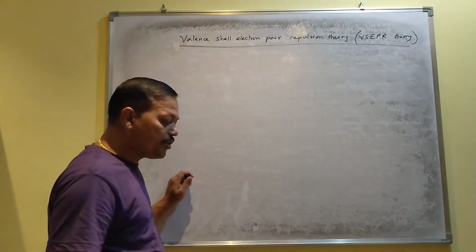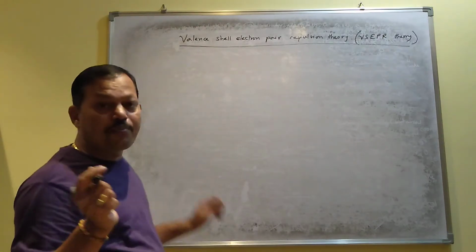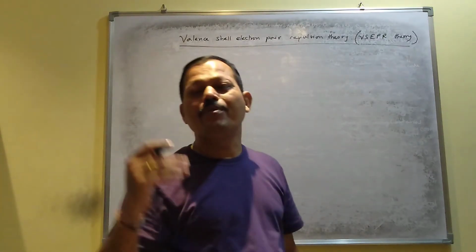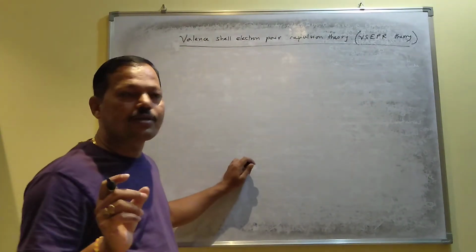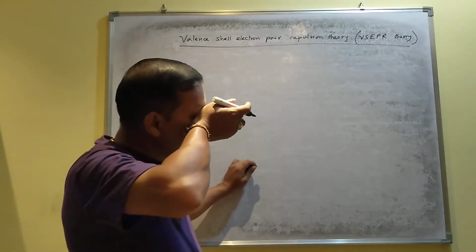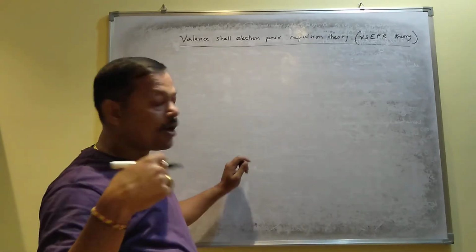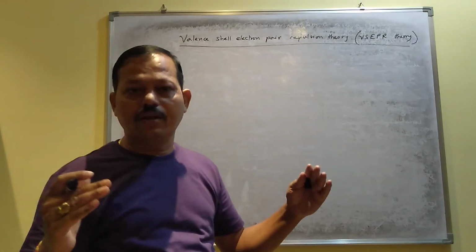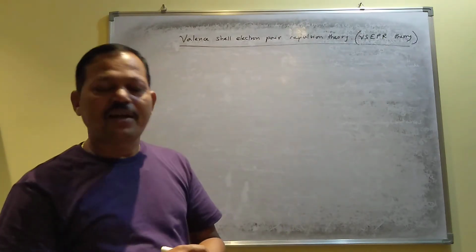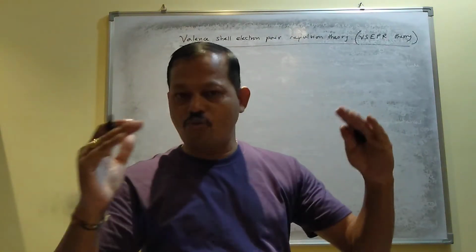Now what is this theory? The electron pair means maybe bonding electron pair, maybe lone pair. The electron pairs surrounding the central atom can repel one another, and that is why they always try to move far away from one another.